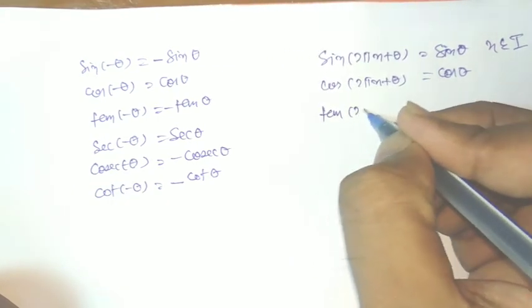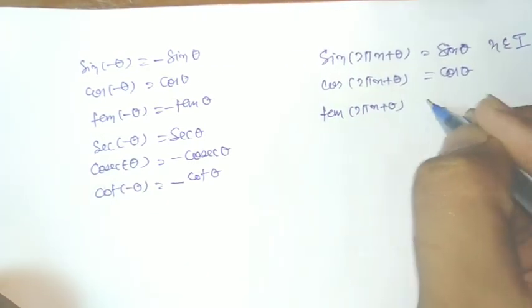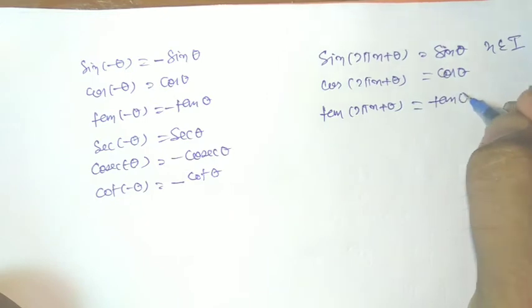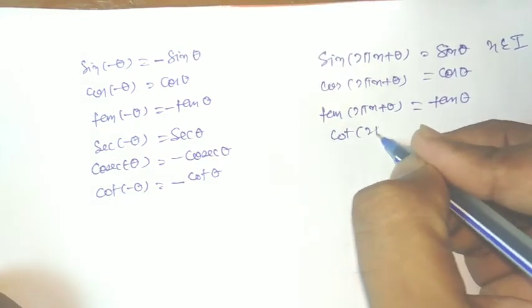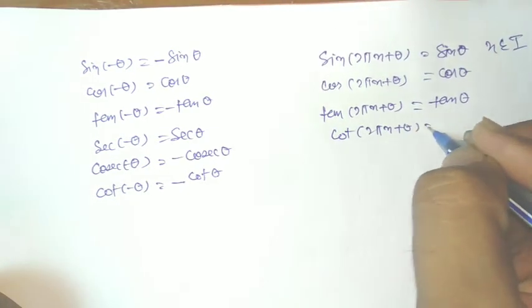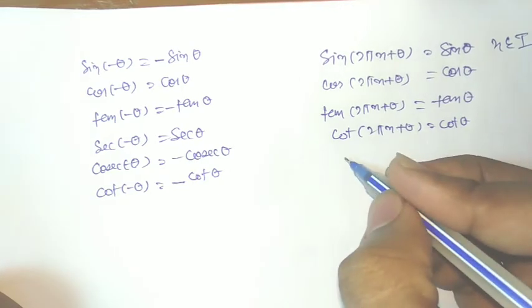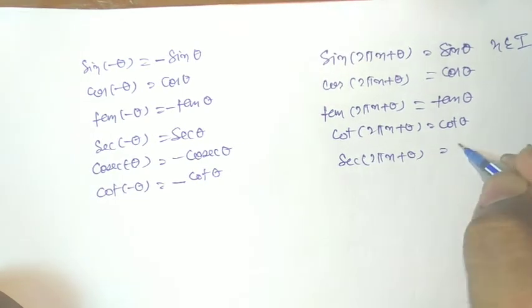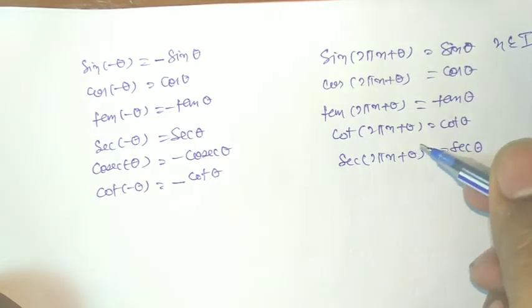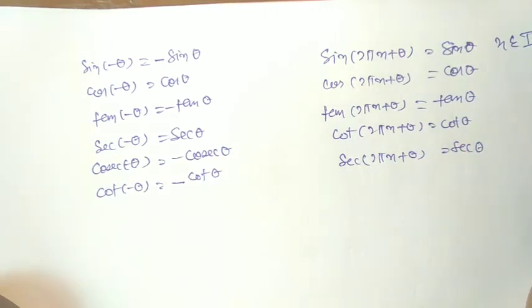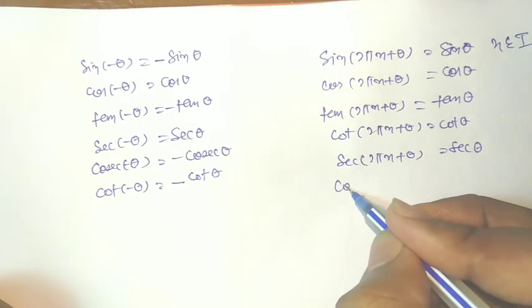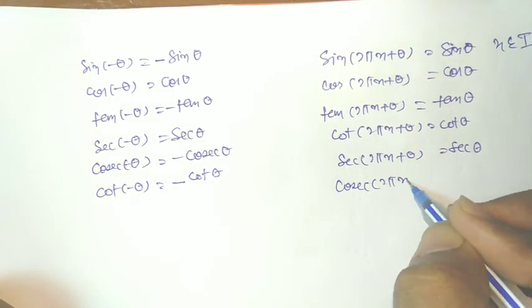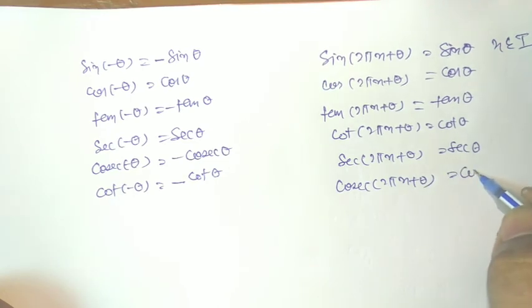Tan 2 pi n plus theta will be tan theta. Cot 2 pi n plus theta will be cot theta. Sec 2 pi n plus theta will be sec theta, because we are in first quadrant, and in first quadrant all trigonometric functions are positive. And cosec 2 pi n plus theta will be cosec theta.